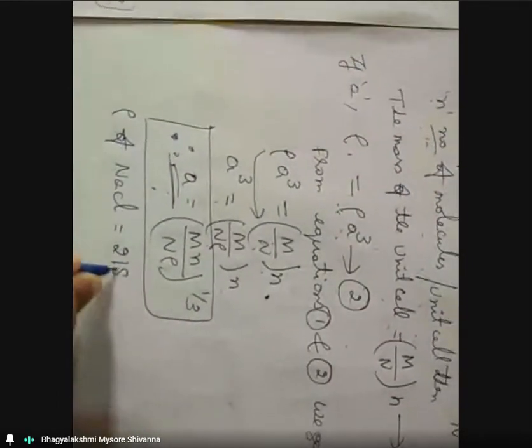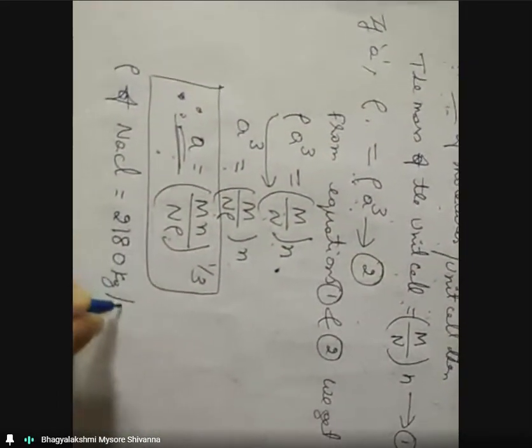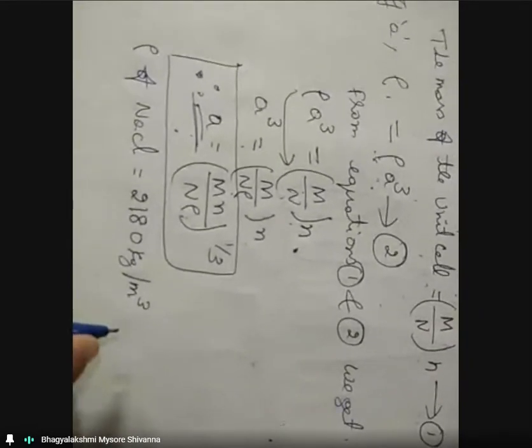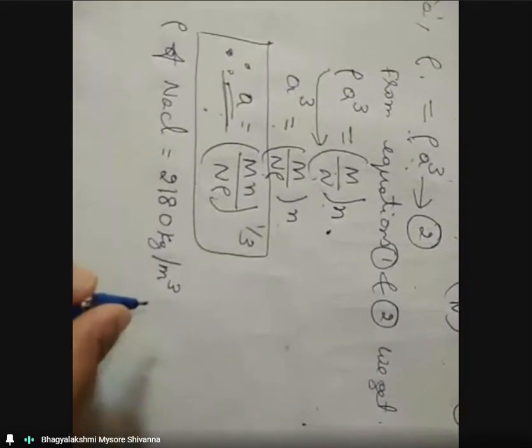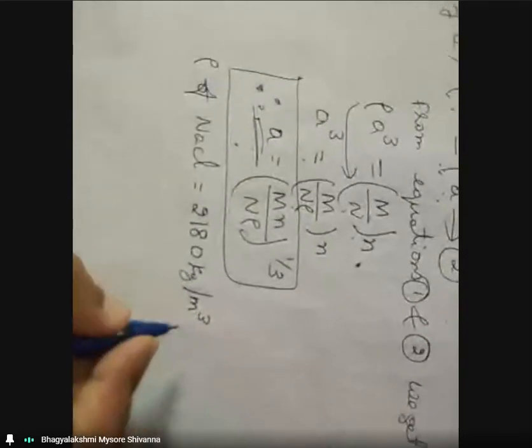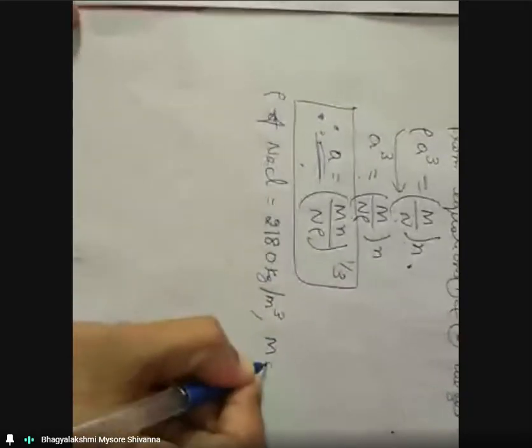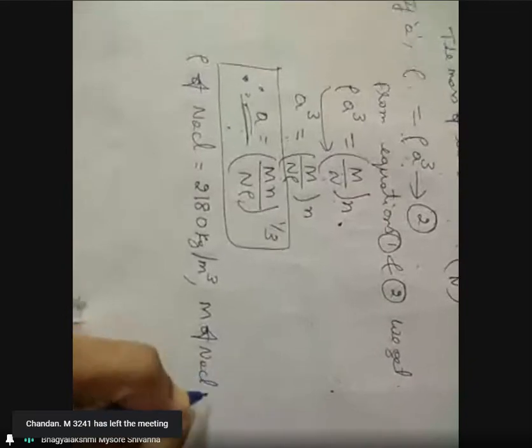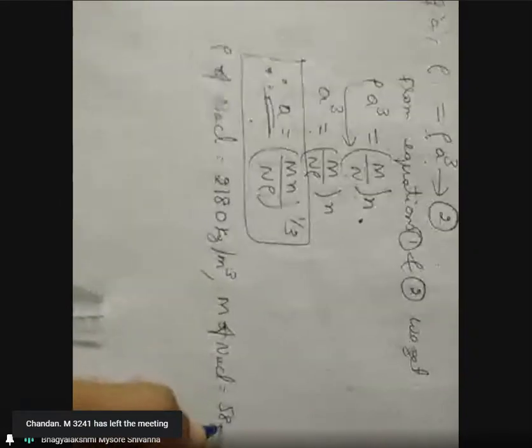What is the density of the sodium chloride? The density of the sodium chloride crystal is 2180 kg per meter cube. The molecular weight of the sodium chloride crystal is 58.5.